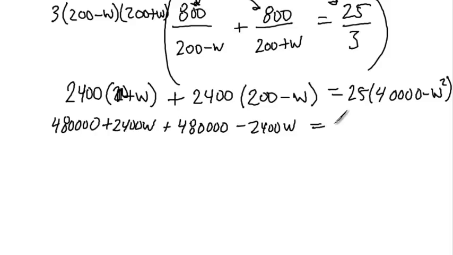Let's see, 25 times 4 is 100. So we're going to have 100 and then 4 zeros, which makes it 1,000,000 minus 25W squared.